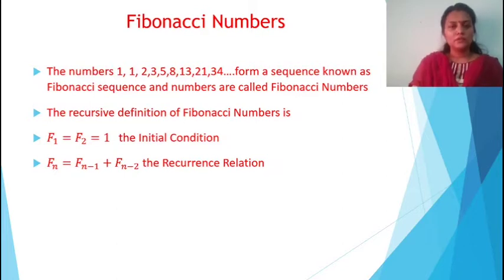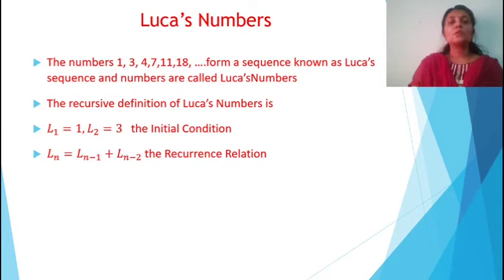Now, one more similar number is there: Lucas numbers. The numbers 1, 3, 4, 7, 11, 18 form a sequence known as the Lucas sequence, and the numbers are called Lucas numbers. The definition is similar to Fibonacci numbers, but the initial condition is different.